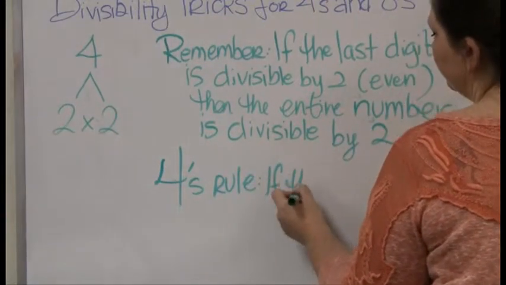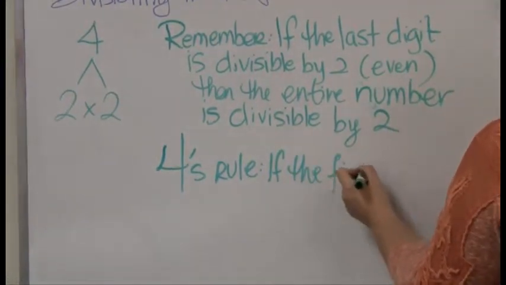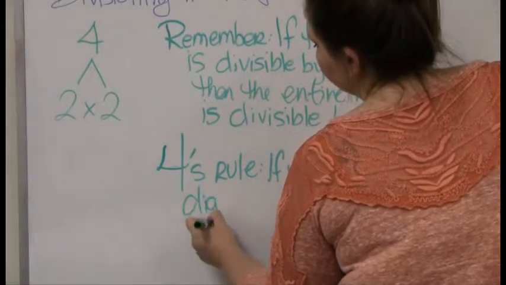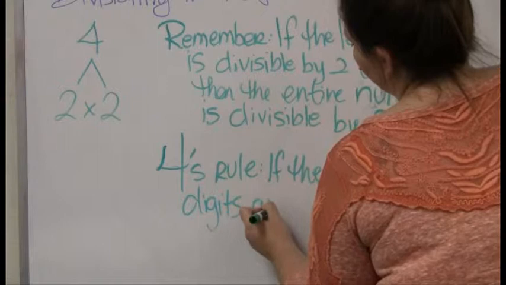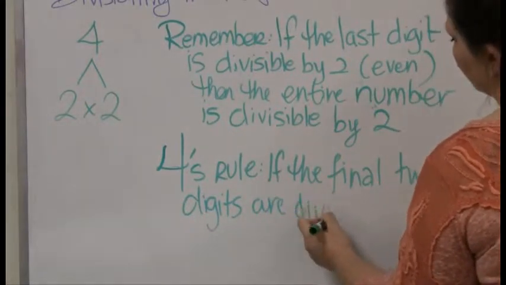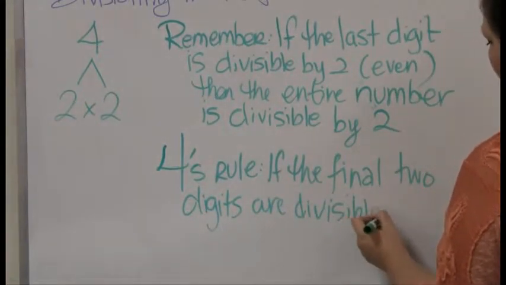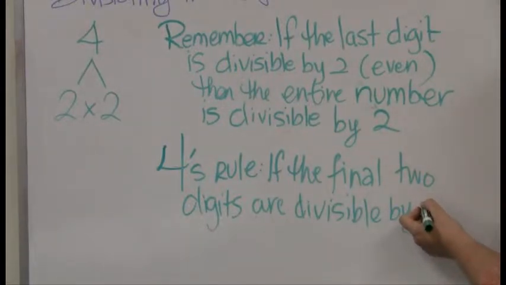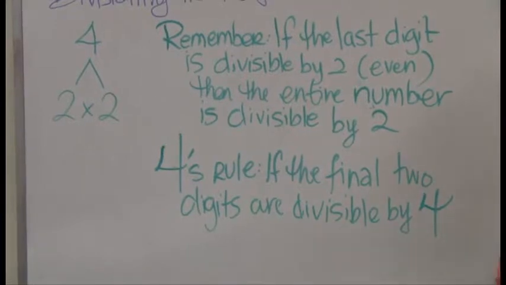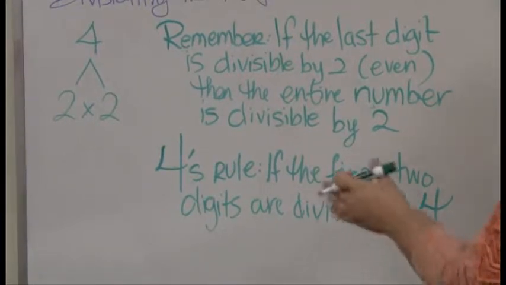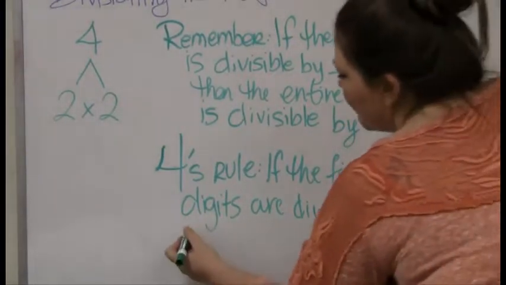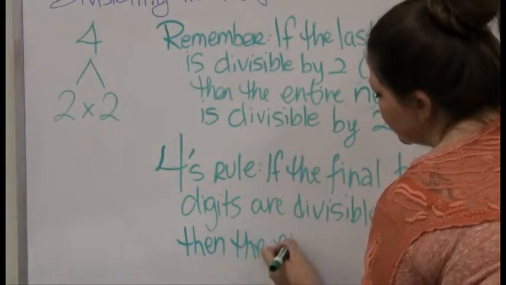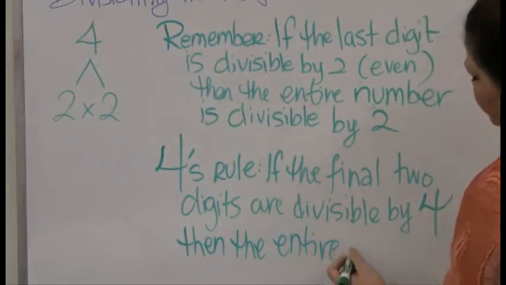If the final 2 digits are divisible by 4, there we go, that's the number I'm working with. Woo, I flaked out on that. If the final 2 digits are divisible by 4, then the entire number is divisible by 4 as well.